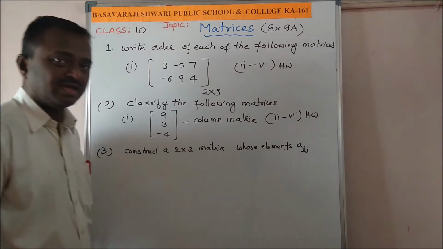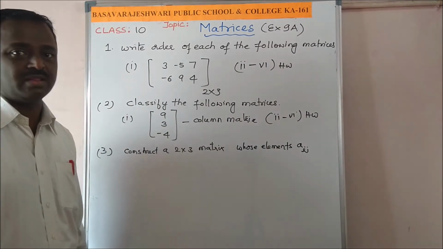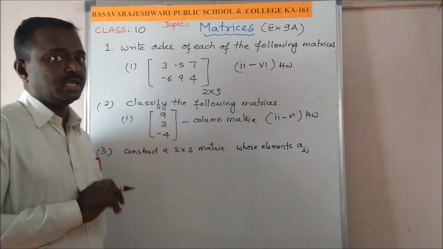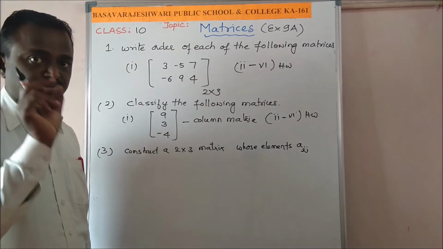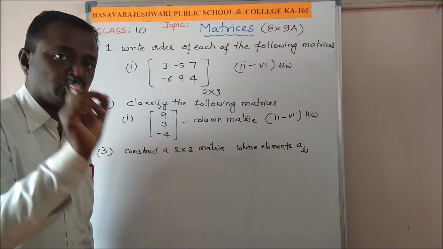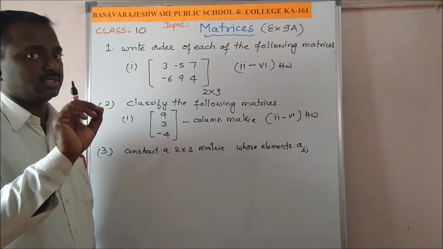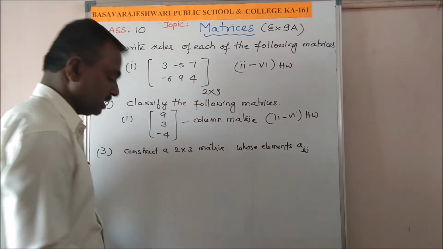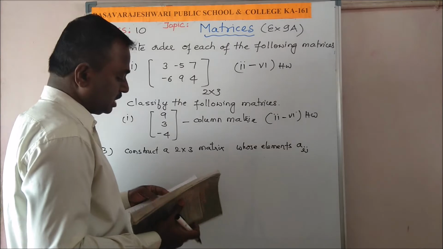What is that i? i represents rows, j represents columns. In which row and which column a particular element of the matrix is situated. That is, i represents row, j represents column. Remember that.